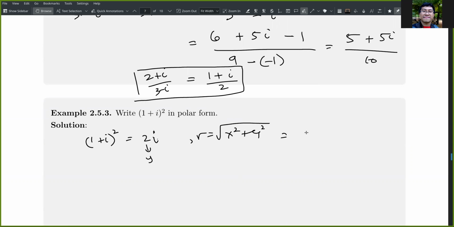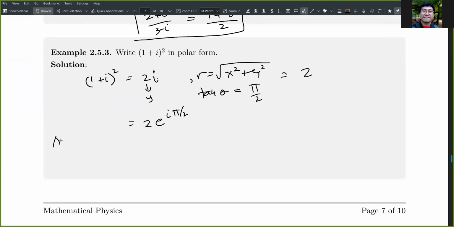That's simply 2. And tangent theta equals 2 divided by 0, so that would be infinity, and the smallest angle is pi over 2. Okay, so this we can write as 2e to the power of i pi over 2.